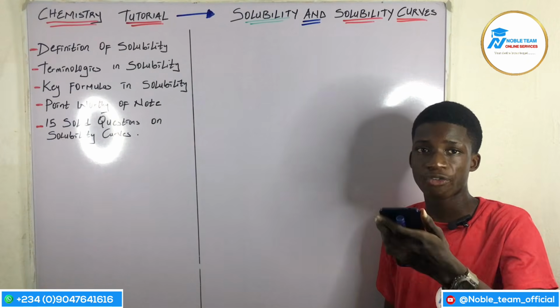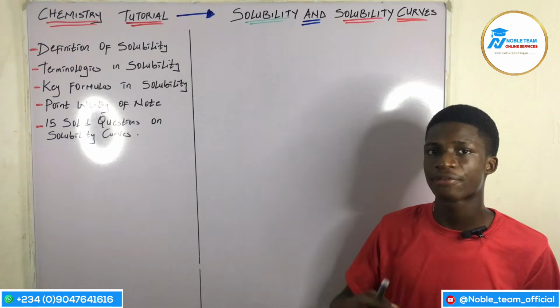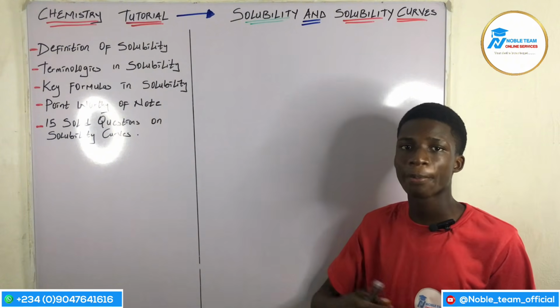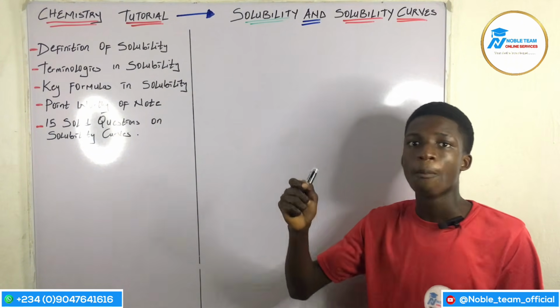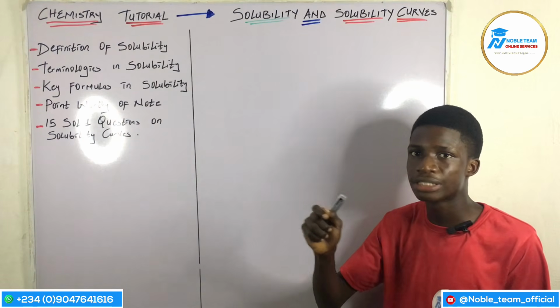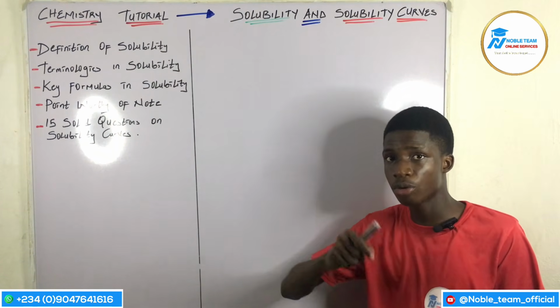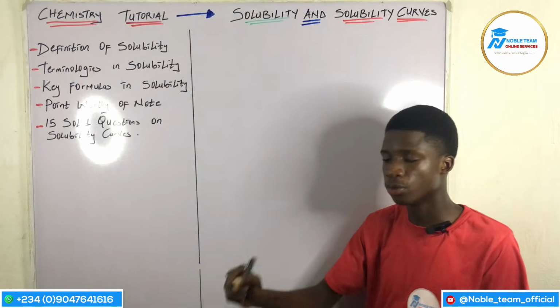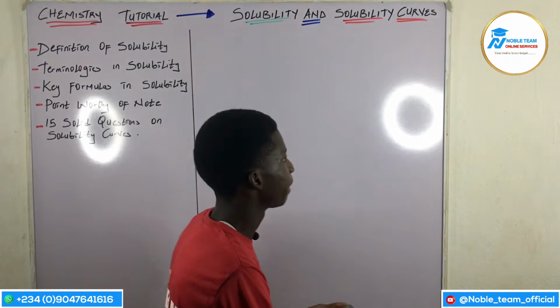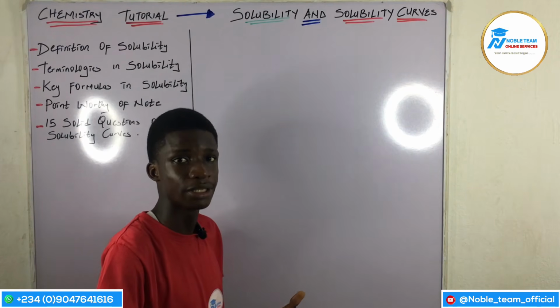Which formula are we going to use? We are going to use the formula that says solubility is equal to mass of the solute divided by molar mass of the solute multiplied by 1000 divided by volume of the solvent in centimeter cube.